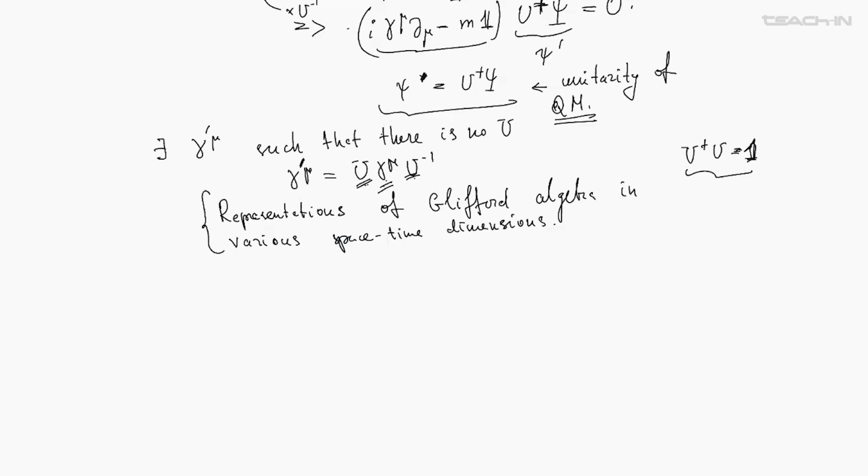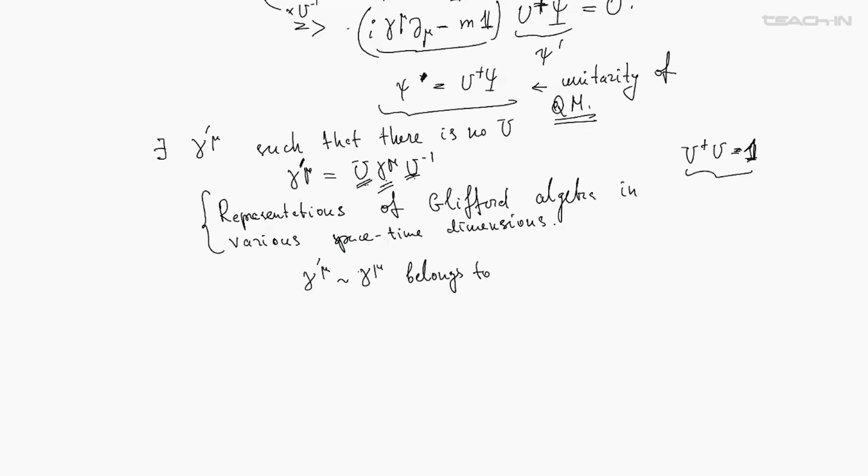Okay, so there exists a unitary transformation. Then what is it that does not exist? Once again, unitary transformation like this defines an equivalence class. You can say that your matrices gamma mu prime and gamma mu belong to the same equivalence class.